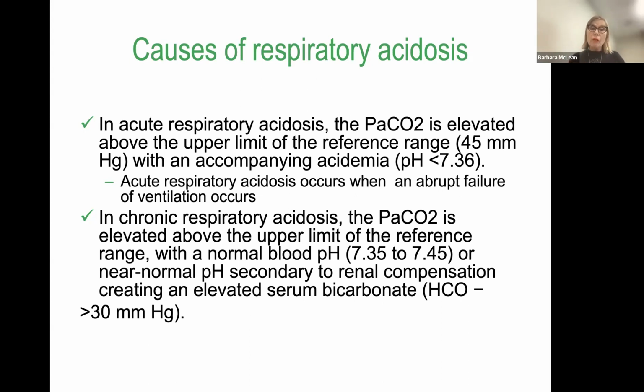If I have renal dysfunction and chronic respiratory acidosis, my pH will plummet because now I've lost my major compensatory mechanism, which is the kidney uses the carbon dioxide in the conjugation of bicarb or in the genesis of bicarb.